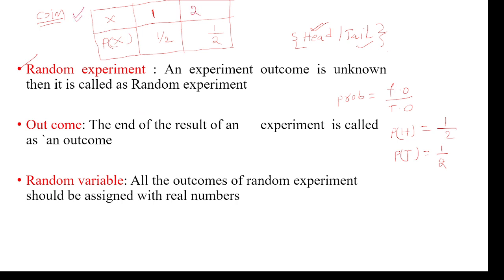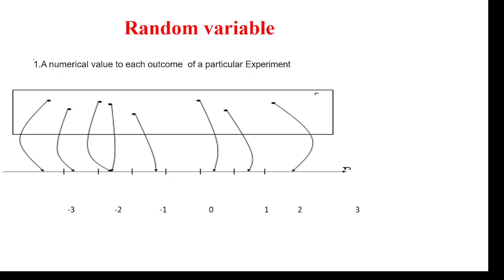So all the outcomes of the random experiment being assigned real numbers is the first condition for a random variable. This is the main condition. If you want to write it in university exams, this is the main condition to get marks. Each particular outcome should be assigned a real number, either 0 or 1 or 2 or 3, and not only positive numbers, negative numbers like -1, -2 can also be assigned.